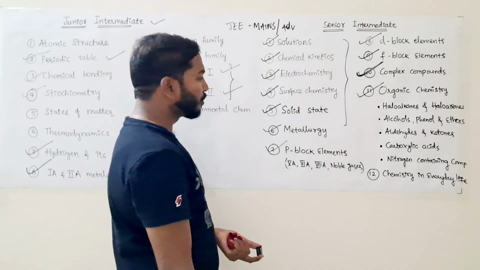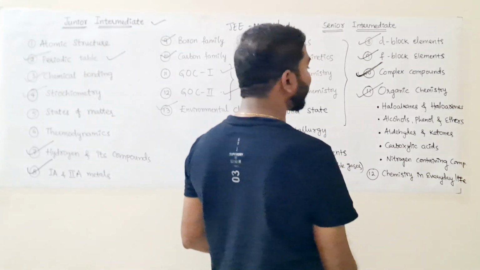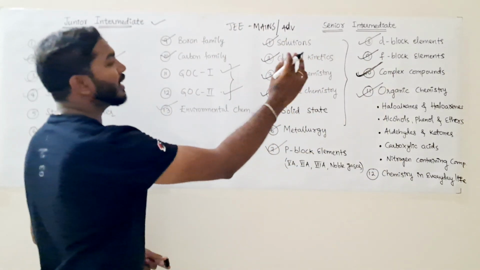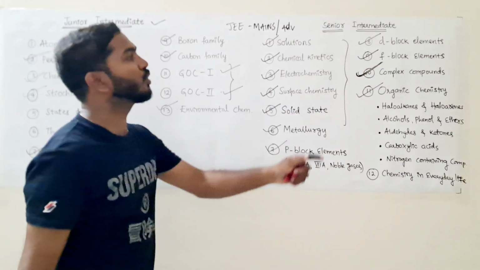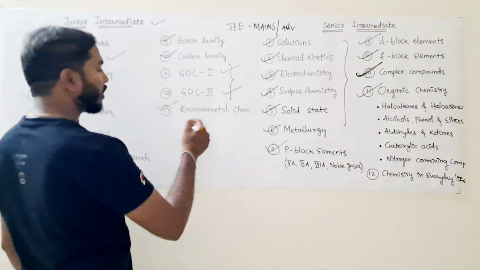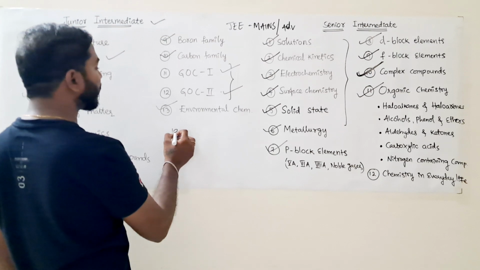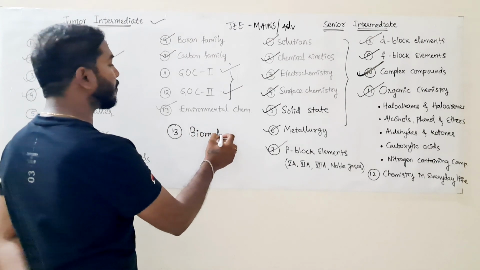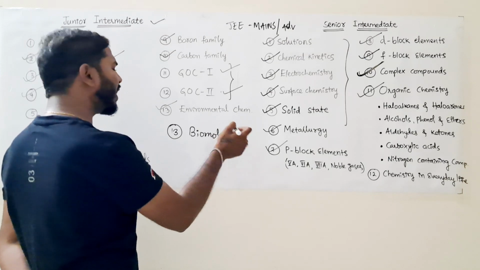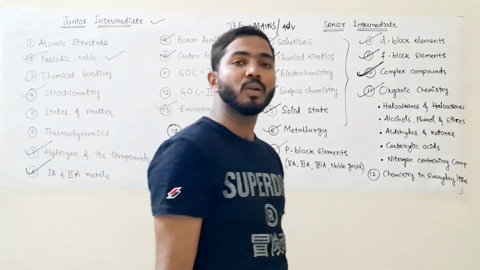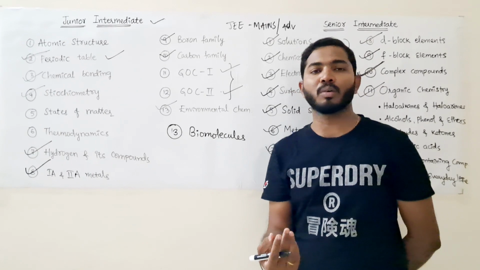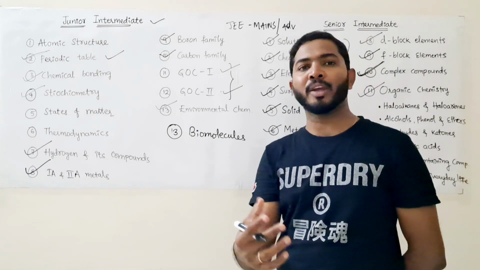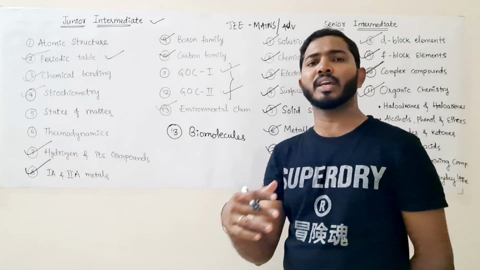And then let's move to chemistry in everyday life. Yes, this comes into organic chemistry. Actually, I just want to include 2 more chapters into the second year. Please try to observe here. That is the 13th chapter, biomolecules, a very easy one, where we are going to learn about most of the sugars, and then hormones, vitamins, amino acids, nucleic acids, DNA, RNA.